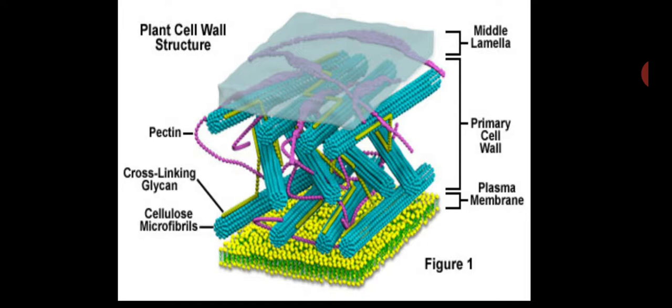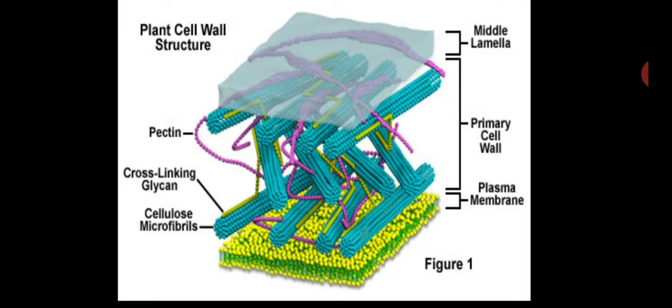This is the primary cell wall. Generally its thickness is 1 to 3 microns.